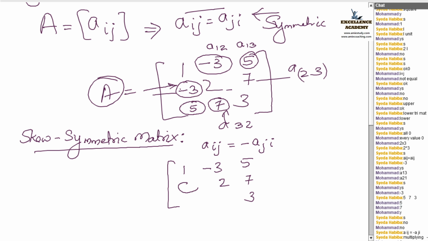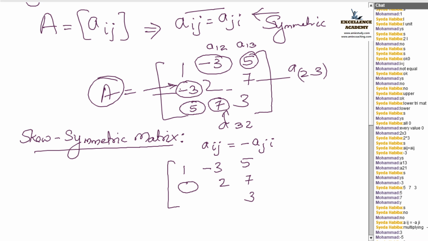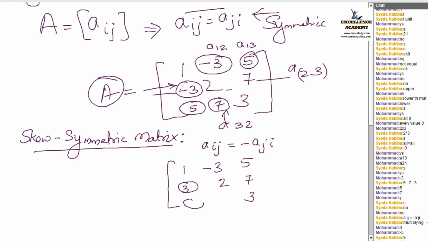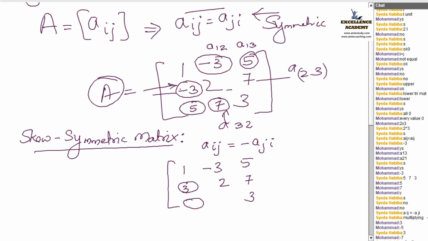Therefore, this element will be, you need to multiply the corresponding elements by minus 1. So it will be 3. And this one will be minus 5, and this one will be minus 7. Right?